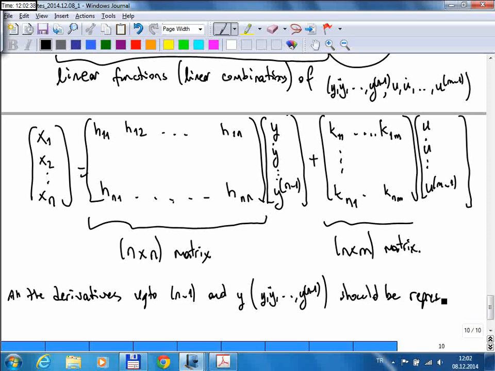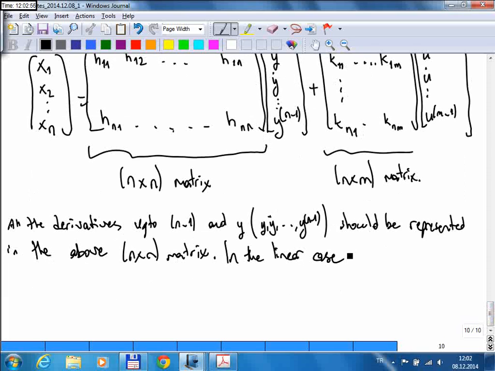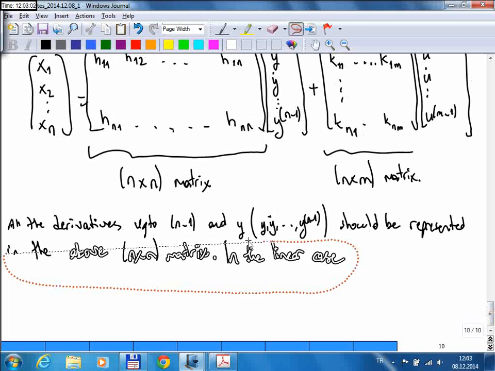To be represented in the above n by n matrix. Also in the linear case, okay, so let me just fix it. It's not entirely true.